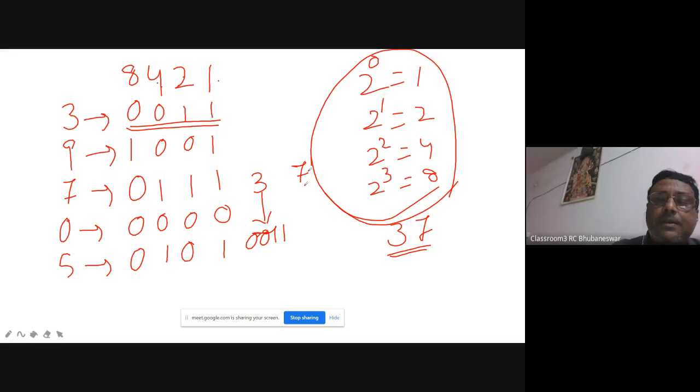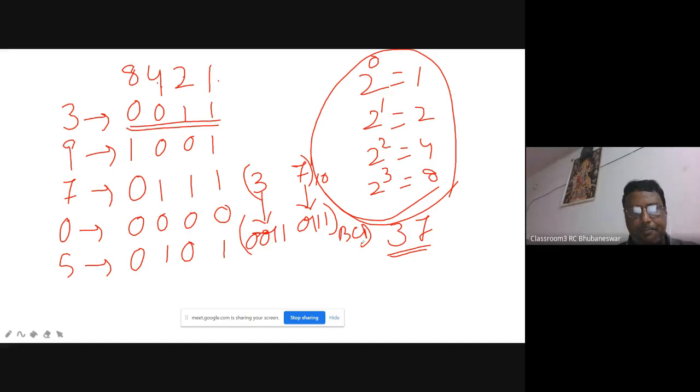When 7, we have the value 0111. So this is in decimal, and accordingly, this value is in BCD. Are you getting my point? 37 in decimal, if you convert this number to its corresponding BCD, will come up as 0011 0111. Right?